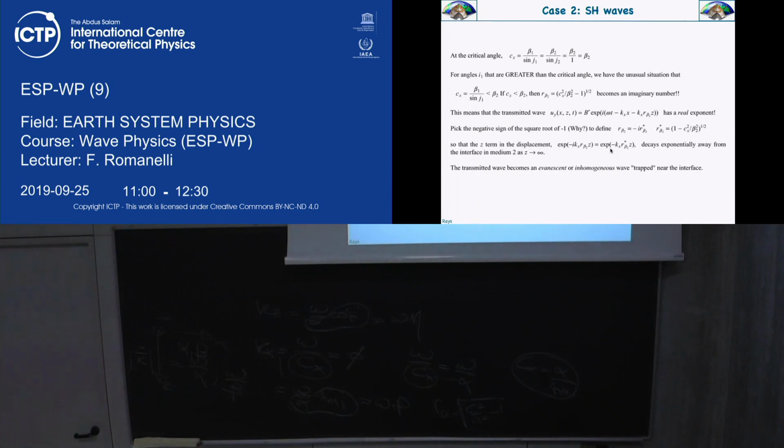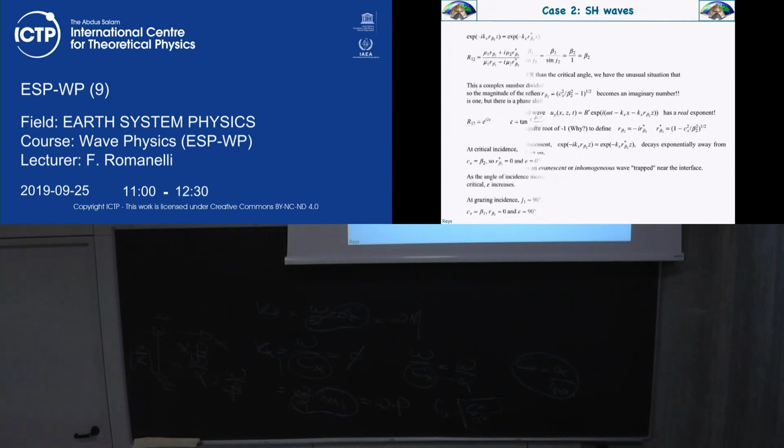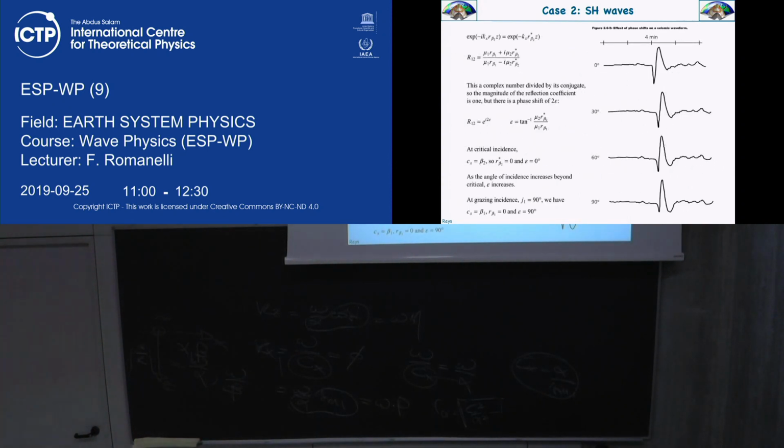This concept will give rise to the idea of surface waves in the next lecture, but not for today. So here we can speak just about critical reflection. And what's going to happen? It's not moving. But actually, the reflection coefficient is becoming a complex number. It has 1 as an amplitude plus a phase.